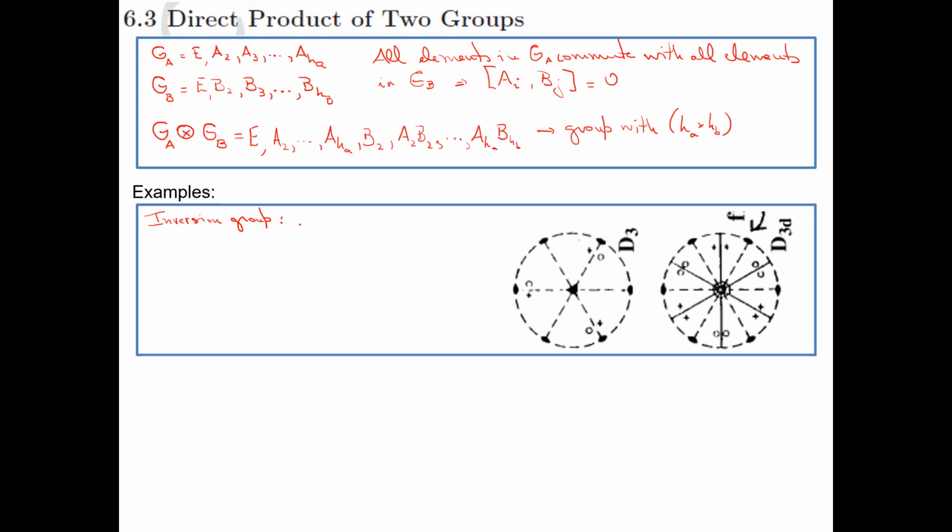Sometimes we use CI, or sometimes we use S2, or sometimes for short we just use the symbol I. But be careful so that you don't make confusion with the operation I. This is a notation for the group, and the group CI is composed of two elements only, the identity and the inversion. Okay, this is the inversion group.